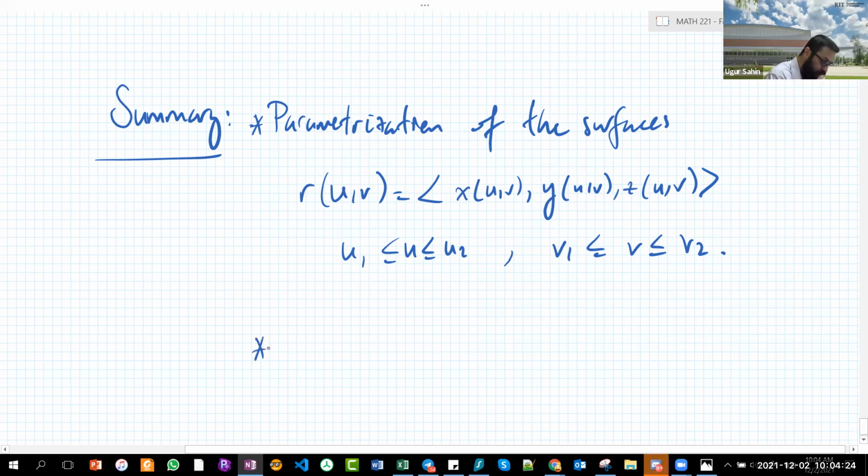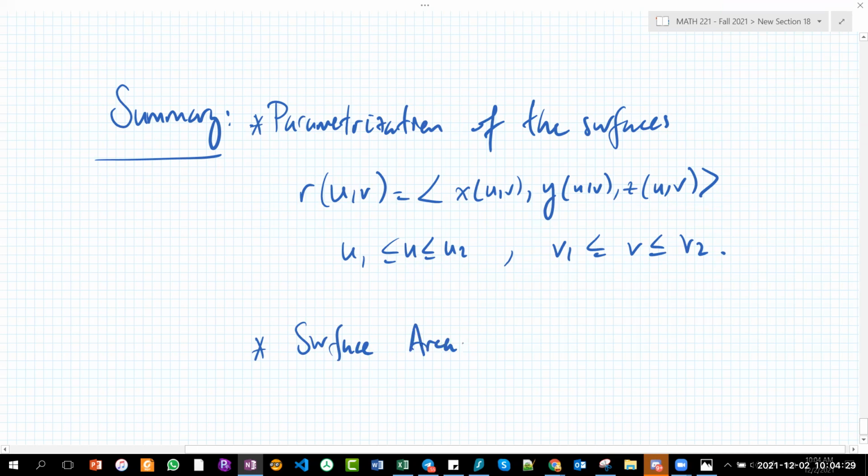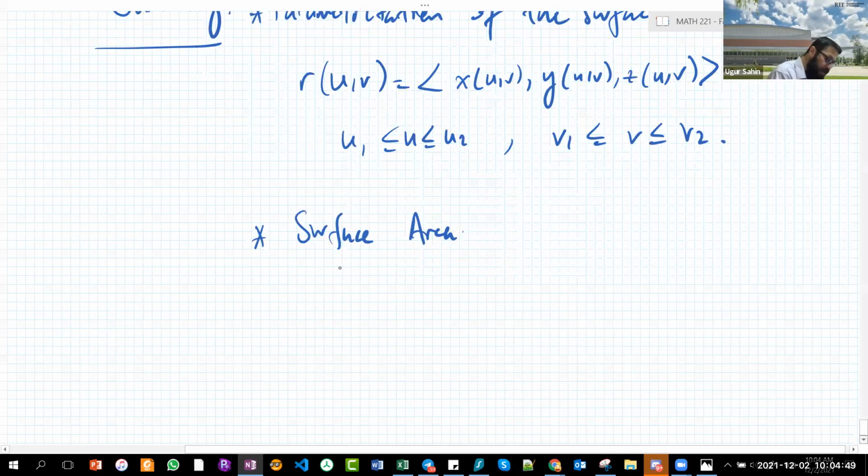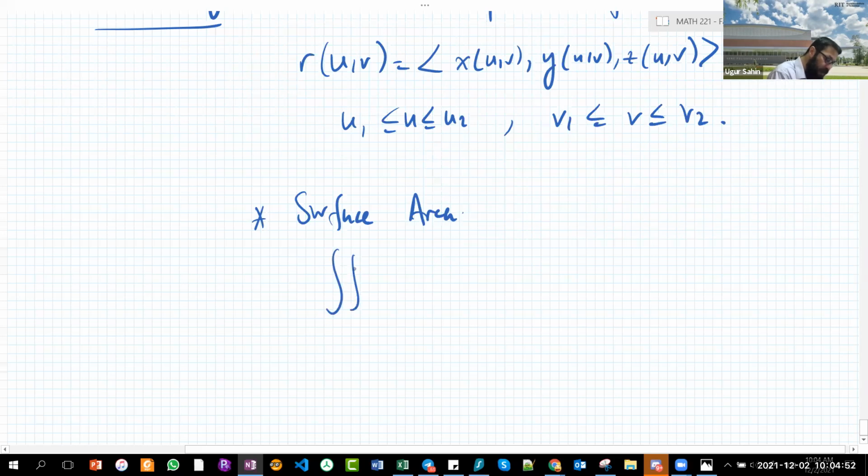Later, we learned the surface area. Surface area can be calculated using this formula, if you remember: the length of Tu cross Tv, and dS.